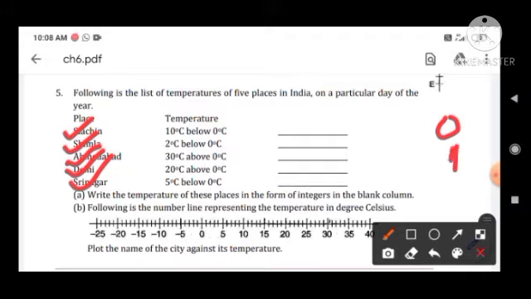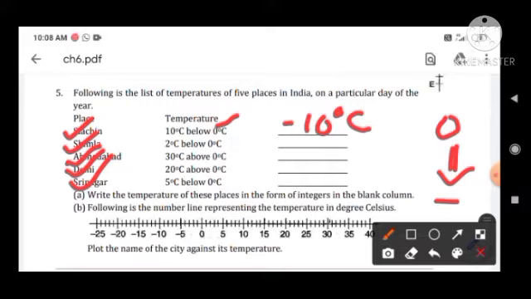If it is below, then it will be negative. Then Simla, 2 degrees Celsius below 0 degrees Celsius. Now for the first one, it is written 10 degrees Celsius below 0, so you will write minus 10 degrees Celsius.